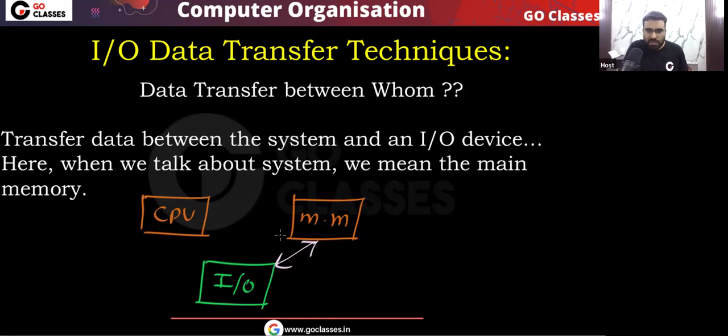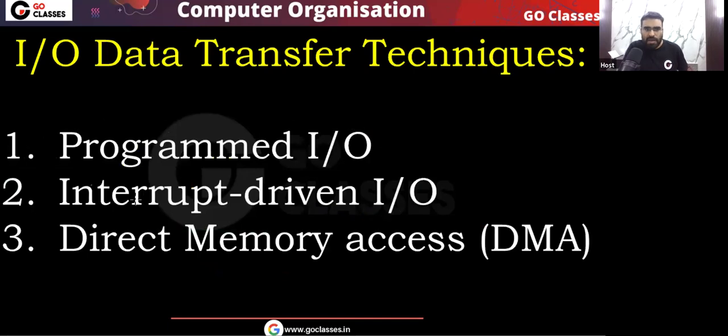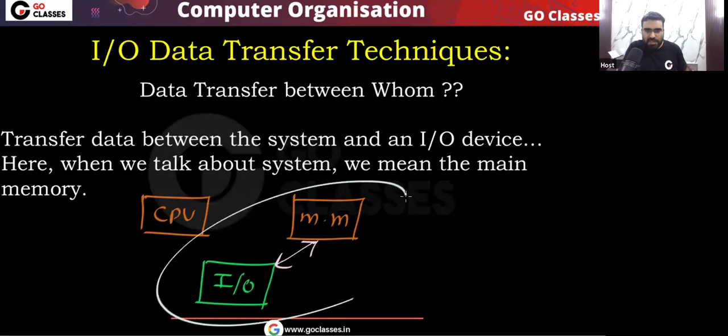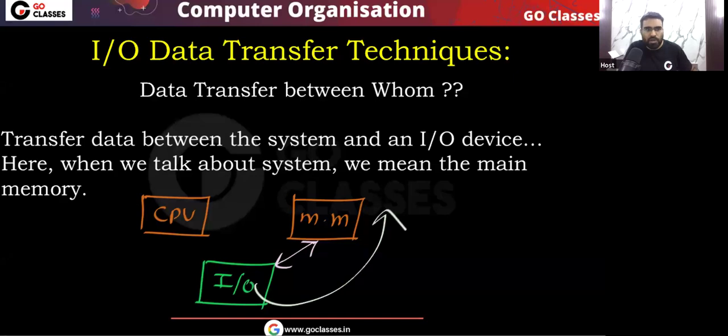Now let me tell you one thing: in these two techniques, programmed IO and interrupt driven IO, this data transfer happens via CPU. If you want to do data transfer from IO to main memory, first the data will be loaded in CPU, then it will be stored in main memory.